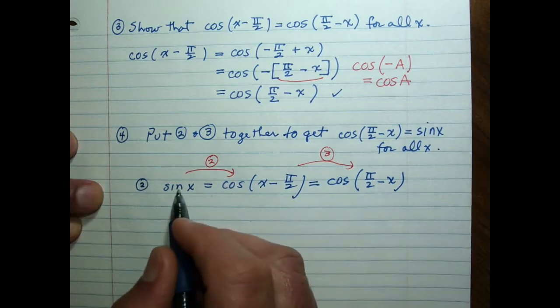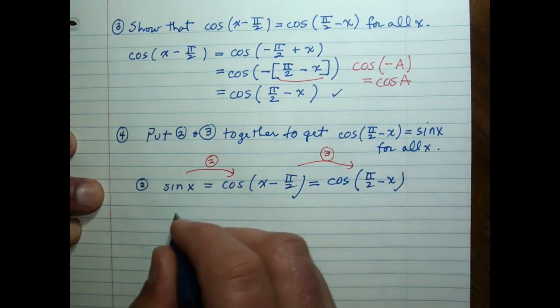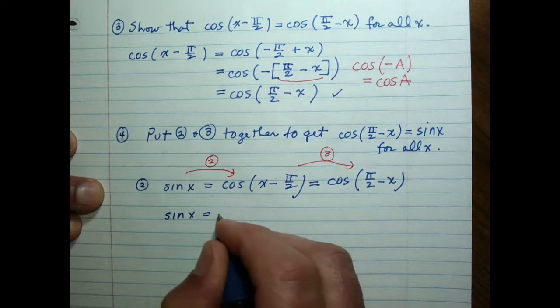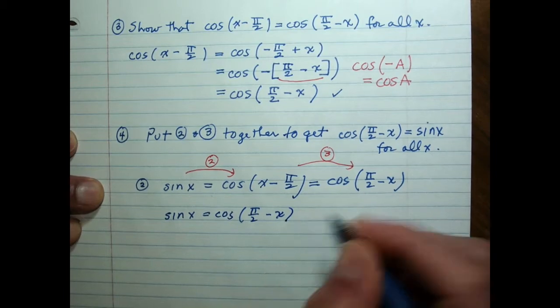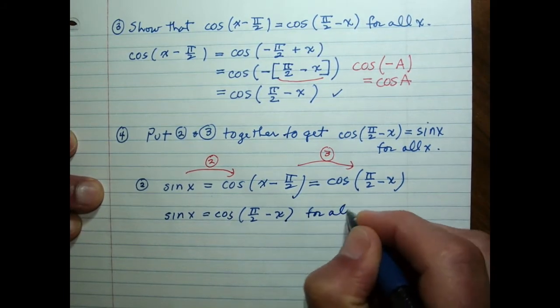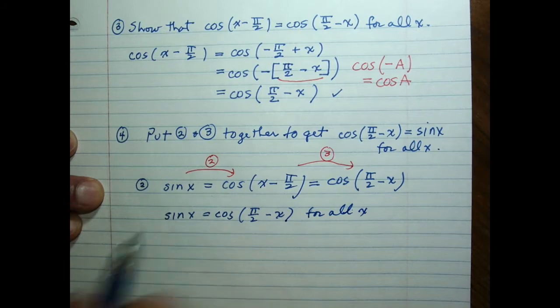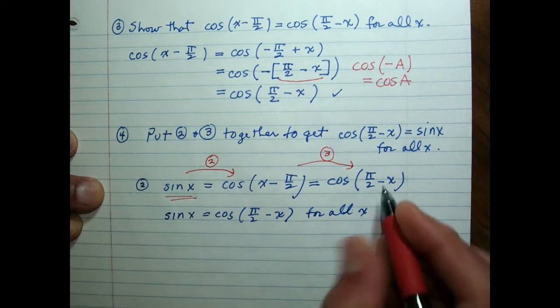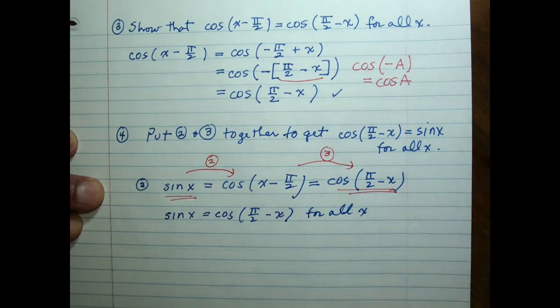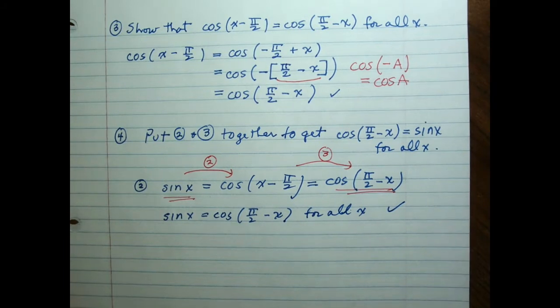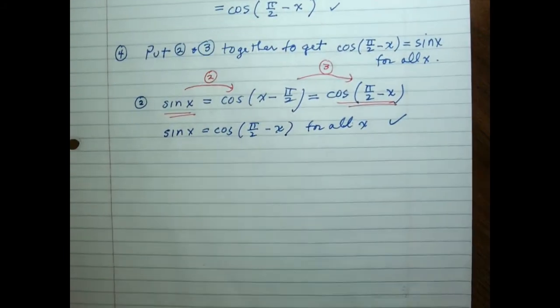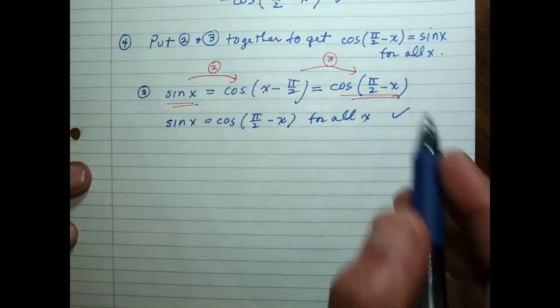So now, I guess it doesn't matter which side I write first. We have sine x equals cosine of pi over 2 minus x for all x. I'm just taking the first quantity here, setting it equal to the last quantity there. That's what we wanted to show for part 4. That's what I mean by putting 2 and 3 together. Okay, now we're going to use this fact here.